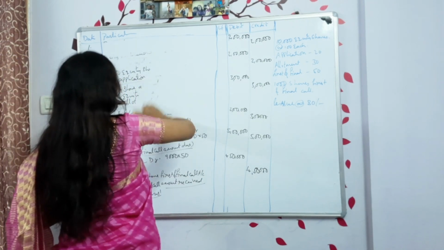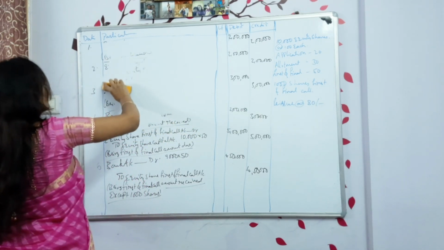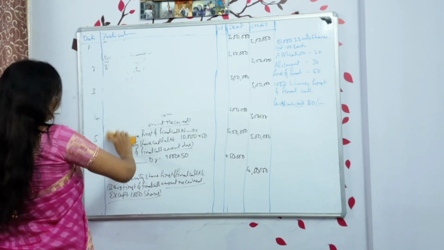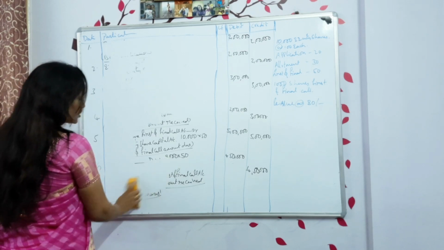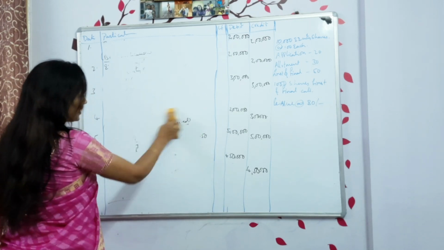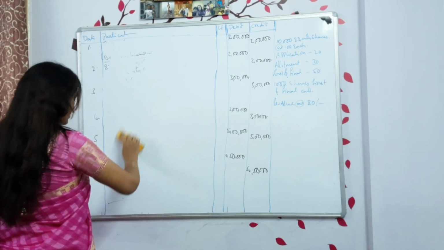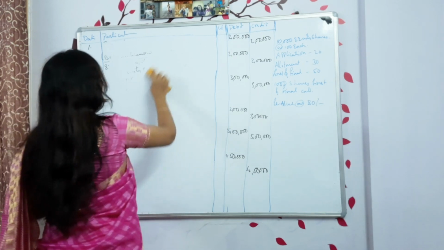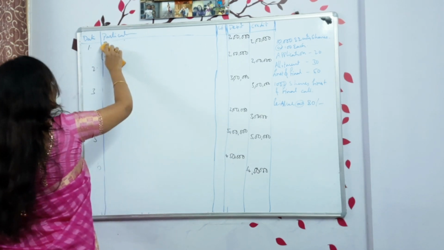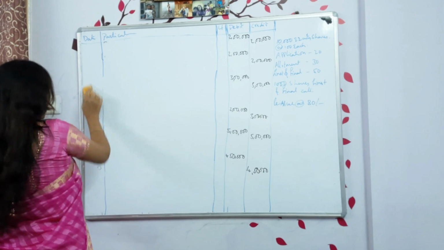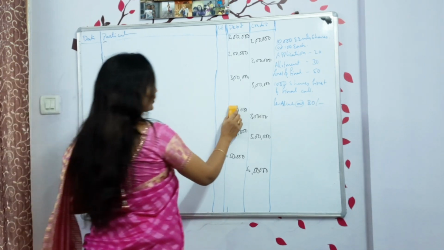So the seventh one you are writing for the forfeiture of shares. Okay. So in this you must know, you will be having the journals on top of that, so you can check that one. Okay. How much they have paid, how much is the due, everything you have to show here.